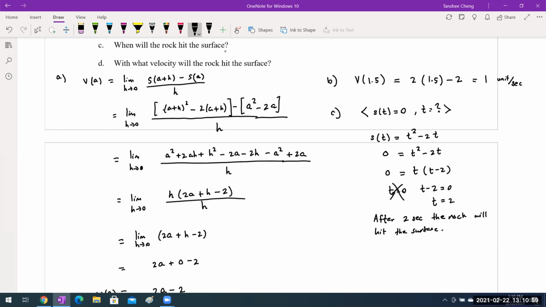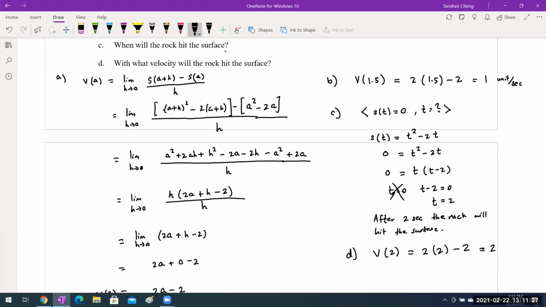And why do we want to do that? Because of part D. Take a look at the question in part D. Part D asks, at what velocity will the rock hit the surface? Because we want to know the instantaneous velocity at that moment. So basically we are looking for the velocity at 2 seconds. That will be 2 times 2 minus 2, which is 4 minus 2, which gives me 2.